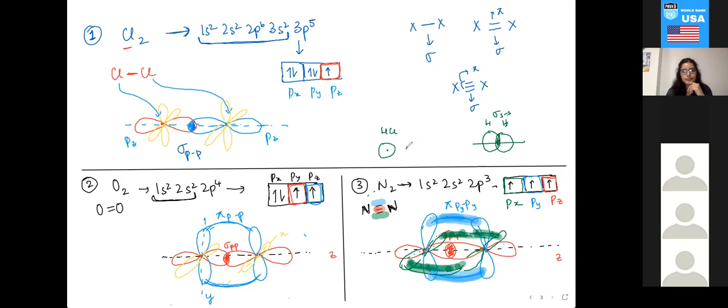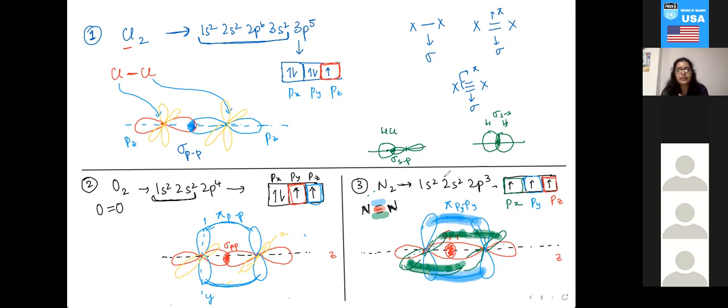So it's an sp sigma overlap, all in the same axis. Sigma sp. So for molecules made up of 2 individual atoms, you can explain the bonding overlap really easily.